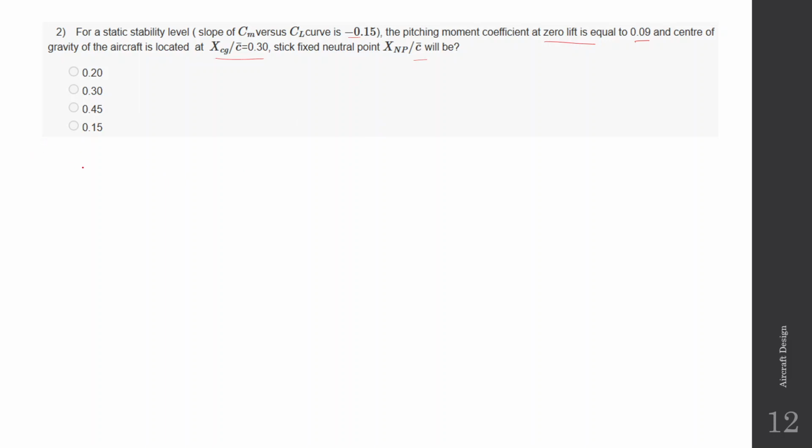For this we will use one formula: dCm by d alpha is equal to minus static margin. Here static margin is equal to x bar np minus x bar cg. We know these values, and by solving we can find x bar np.